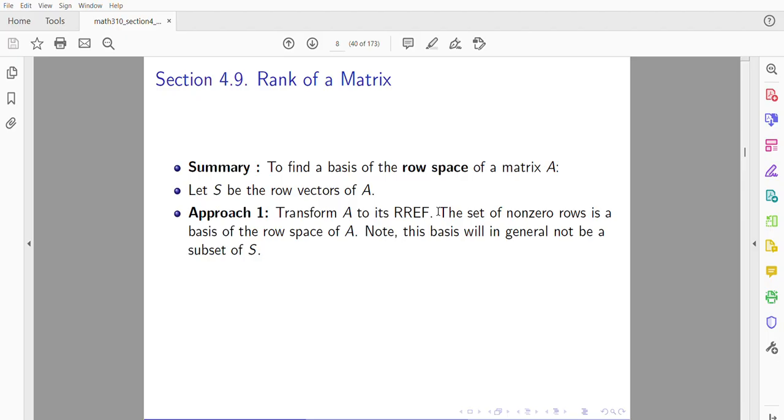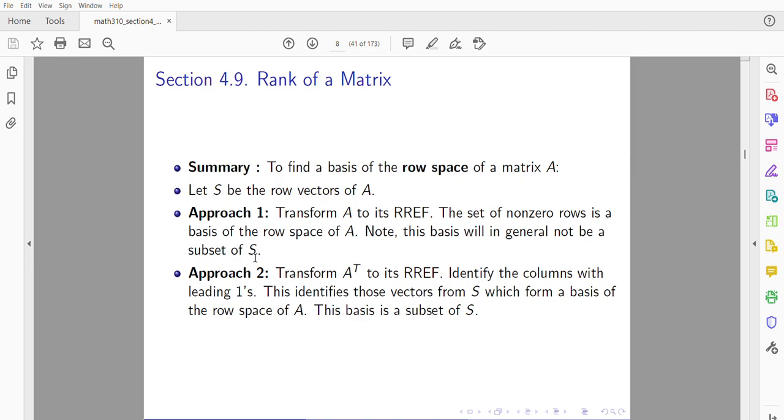The set of non-zero rows will form a basis of the row space of A. This basis will not be a subset of S. Approach 2: consider A transpose, transform it to reduced row echelon form, and identify columns with leading ones. Those will identify vectors from your original S which form a basis. Okay, now this is for row space.